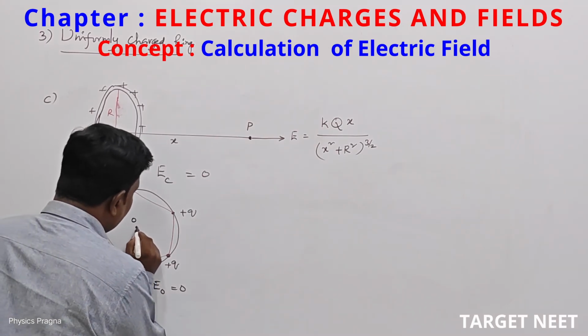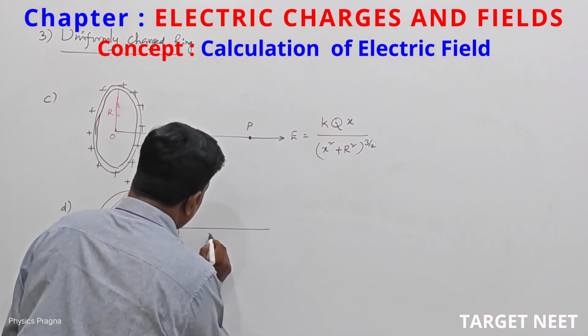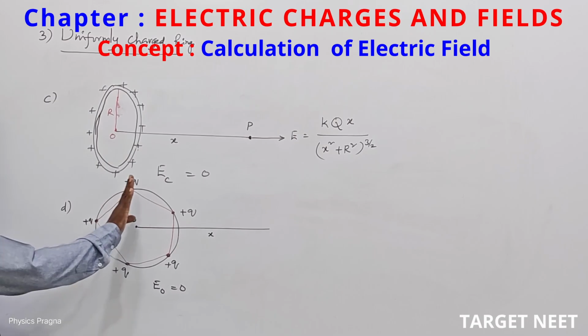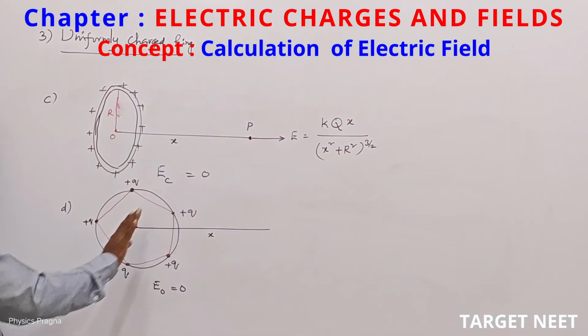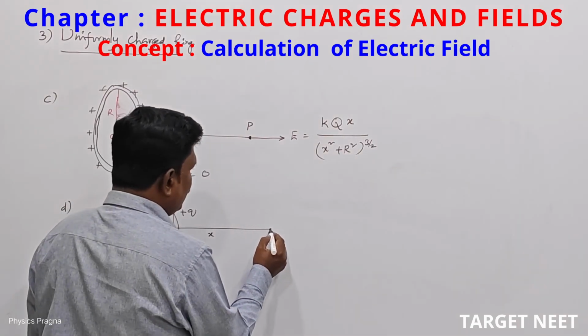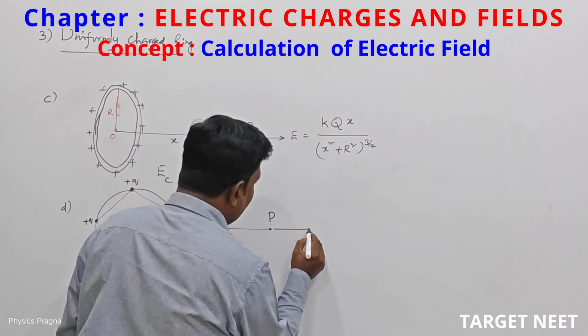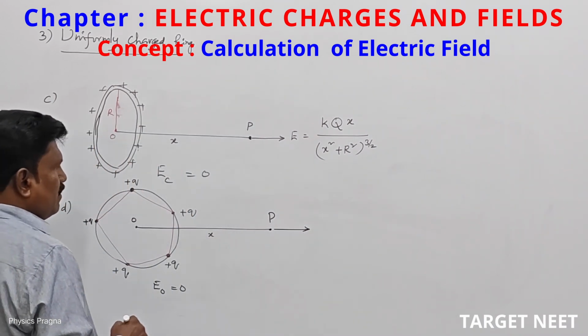At x distance from here, if the pentagon is kept like this, at 90 degrees, at point P, the electric field direction is away from the pentagon.